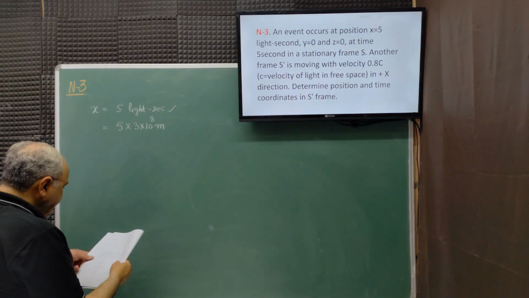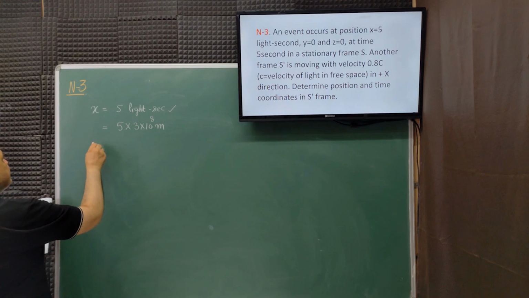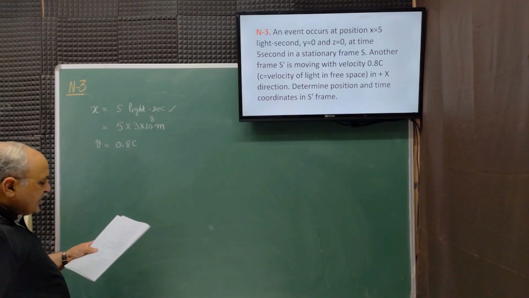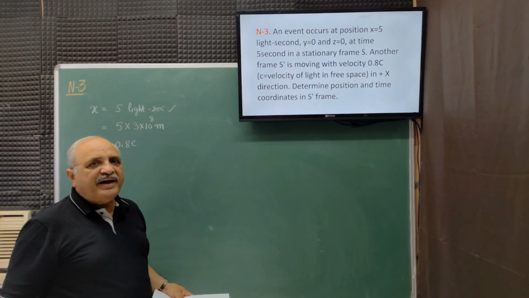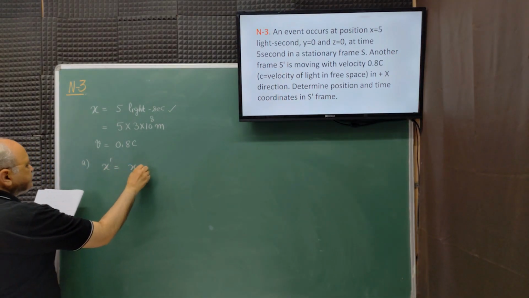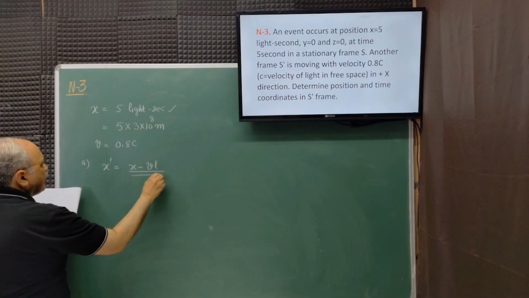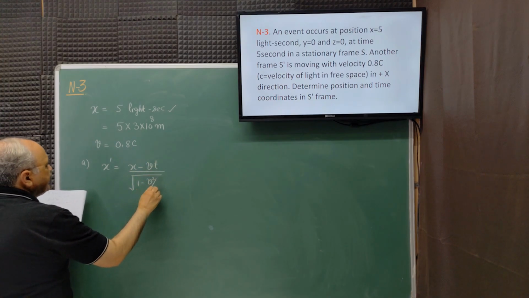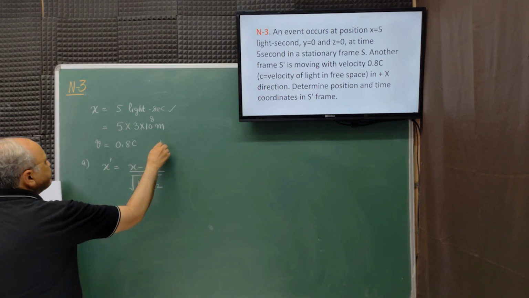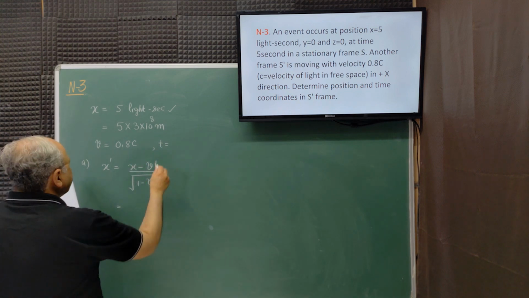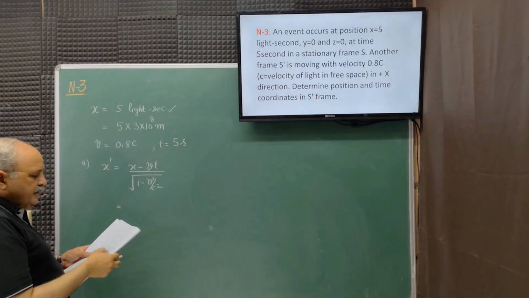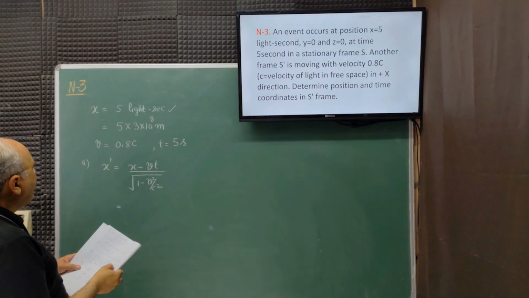Now the second point given is that the velocity of the frame is 0.8 c, and we are required to find the position as observed from the S dash frame. For the first part, the equation is x minus vt divided by under root of 1 minus v square by c square. Let's put the values here. The time given is 5 seconds, the position is 5 light second, and the velocity is this.